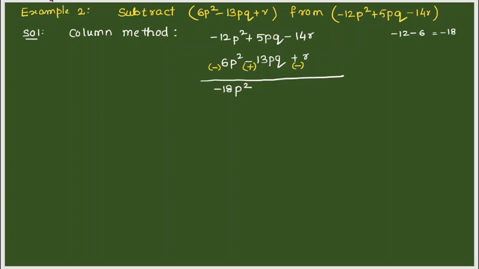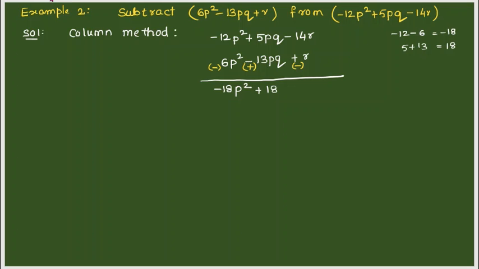And plus 5, here plus 13. Now the 13 symbol is no more minus, it is now plus because we changed. So we are converting the subtraction into addition by changing the signs of the terms. Now plus 5 plus 13 gives us plus 18. So here we write plus 18.